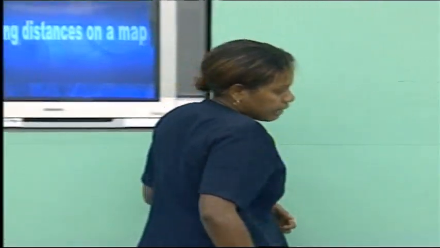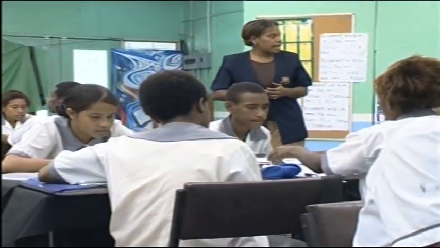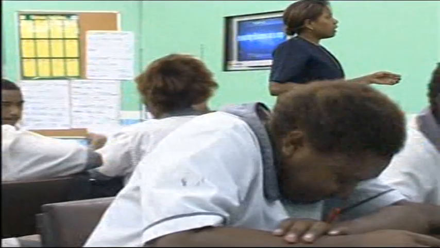Now, on that scale, the scale on your map usually represents the distance on the ground. Okay, class 7Es and receiving students. Now, I'd like you to have a look up here.